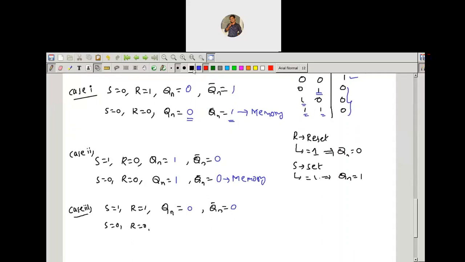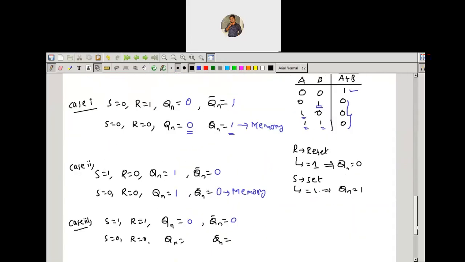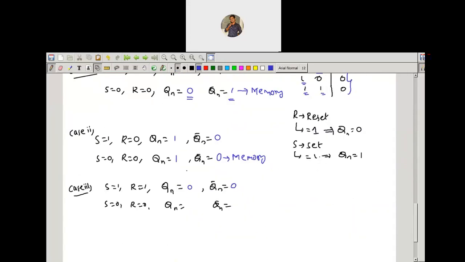That is, the outputs are Qn equals 1, and this is 0. You can observe the data is storing when we give S equals 1, R equals 1, you got Qn value 0, but now it is changed to 1. That is, it is not storing the information. When you are making S equal 0, R equal 0, it is not storing the information. So in this case also, case 3 is failed. This case 3 is not valid.